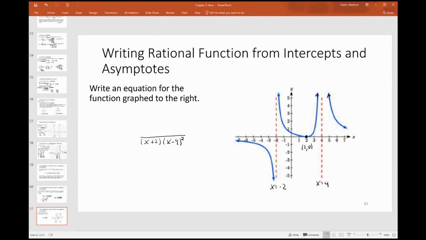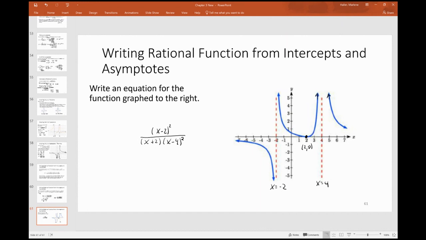So that's telling me I have a factor in the numerator of x minus 2. Now, what's the multiplicity on that factor? Well, look, the graph comes down here, and it touches and bounces off. So it looks to me that that intercept has to have an even multiplicity. So I'll just assume the smallest and call it 2.